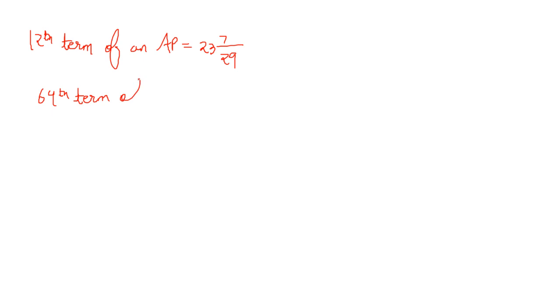Alright. Okay. So now let us do one trick question for today. The 12th term of an AP is 23/7 by 29. The 64th term of an AP is 136/22 by 29.